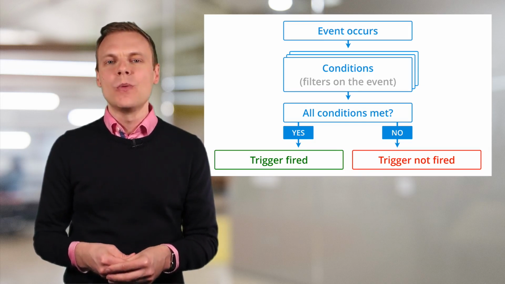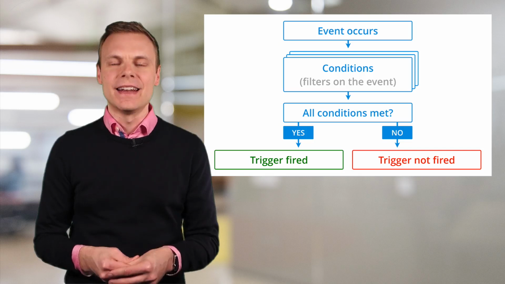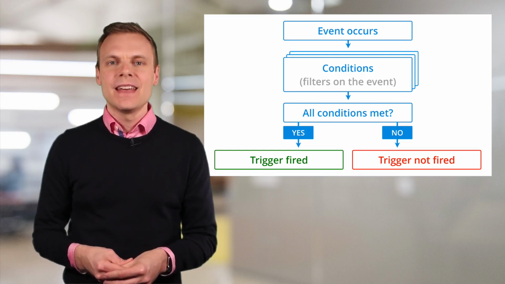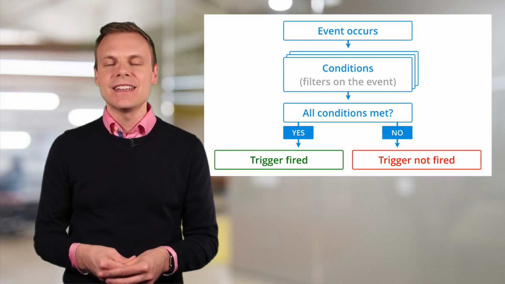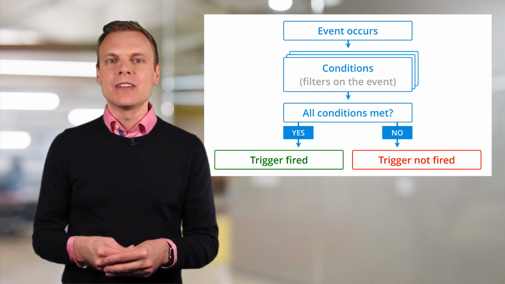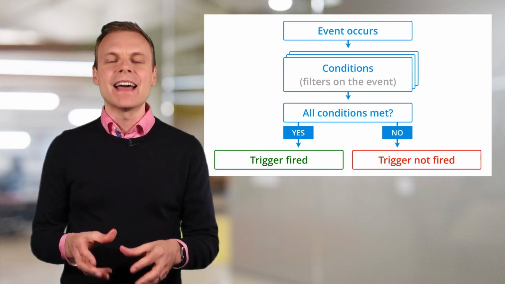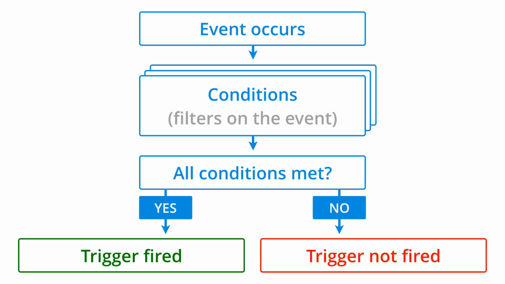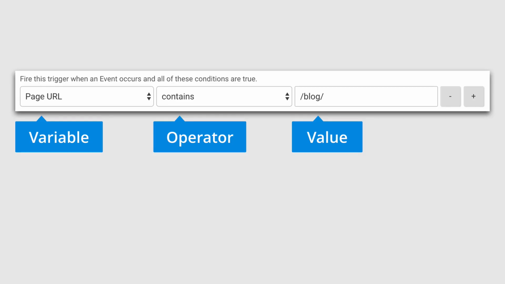Continuing our example, we only wanted to track the red button and not the blue button. The event is a click and the condition is for the red button. If both conditions have been met, then we can trigger the tag. The tag has been fired. If we were to click on the blue button, the event happens, but the condition prevents the tag from being fired.